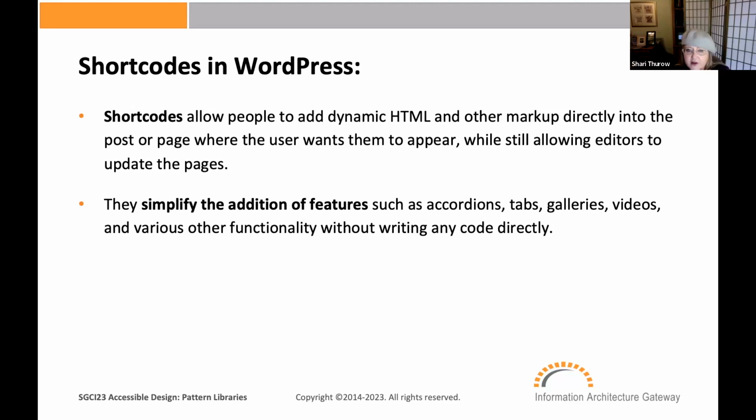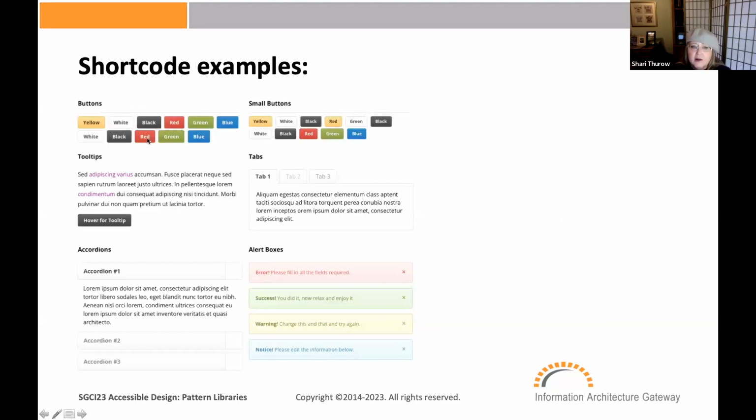But I would still have an accessibility expert who has technical skills, and a search optimizer who also has technical skills, take a look at it, so they're user friendly, technology friendly, and also AI, artificial intelligence, friendly. They simplify additions such as tabs, accordions, and all these different things without you having to write any code directly. So short codes can actually make your pattern libraries easier.